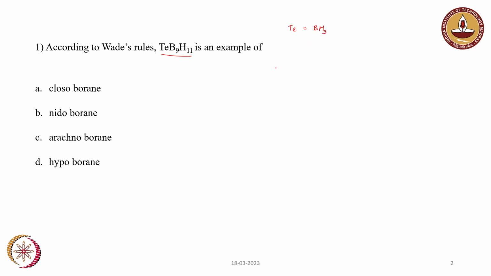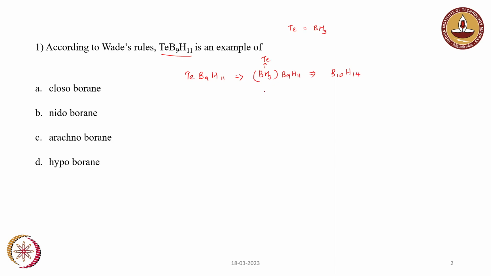So TeB9H11 we can rewrite as BH3, that represents Te, then B9H11. So it will become B10H14.